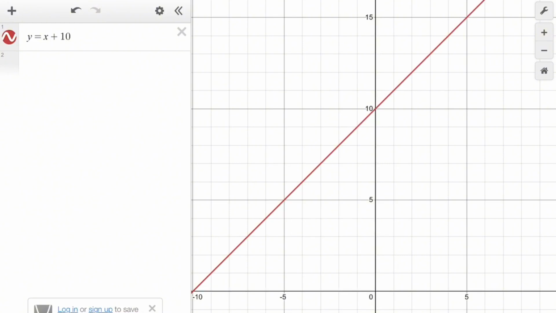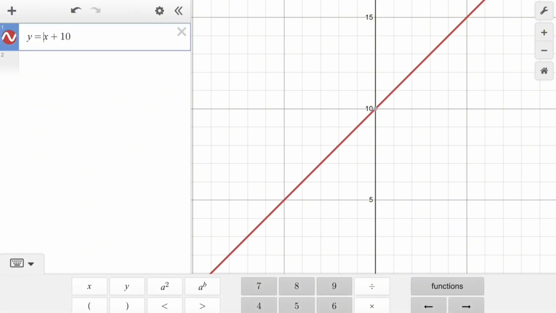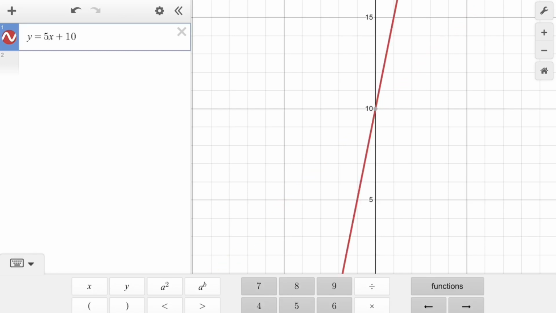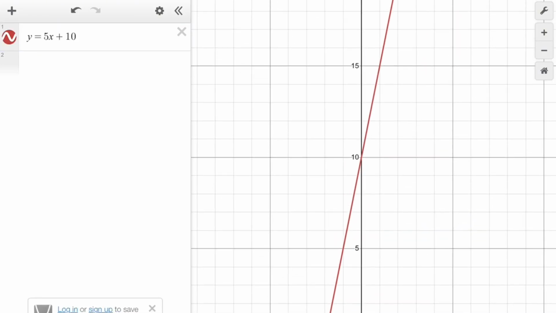Similarly, instead of w equaling 1, let's set w to maybe 5. You can see the line got much steeper. So the key thing to keep in mind in regards to neural networks is that in a linear function, when you change w and b, you change the shape and position of the function.